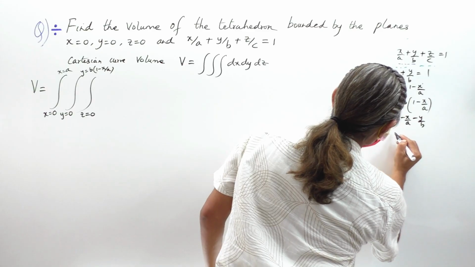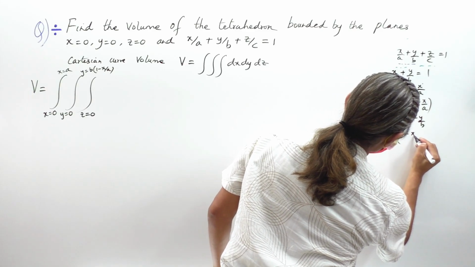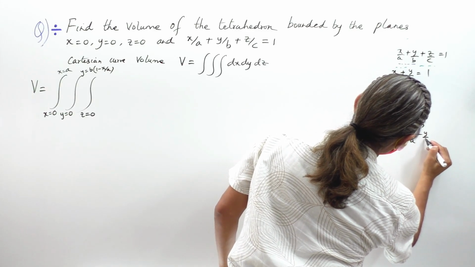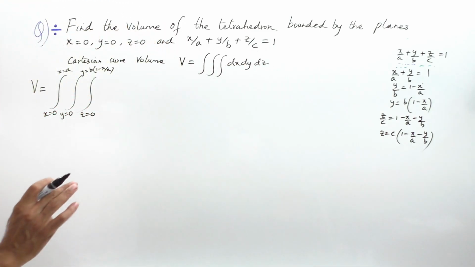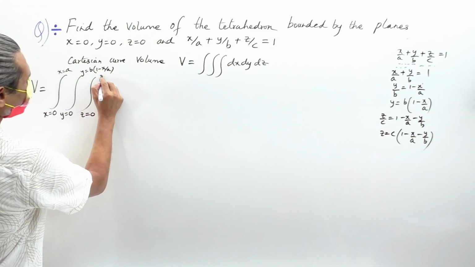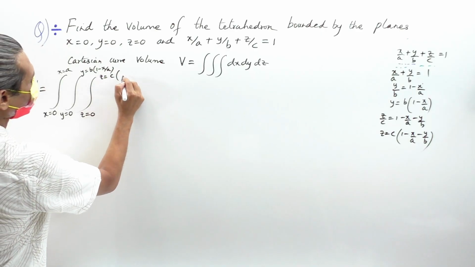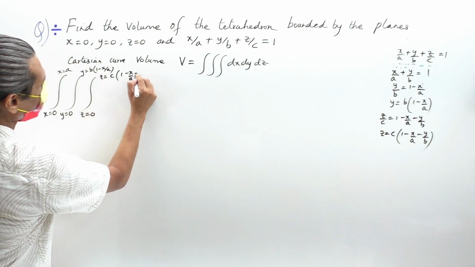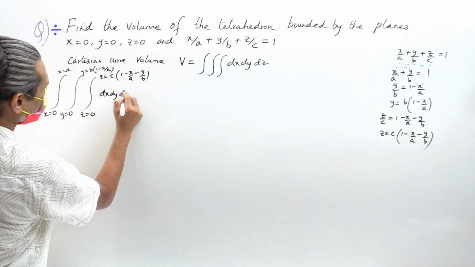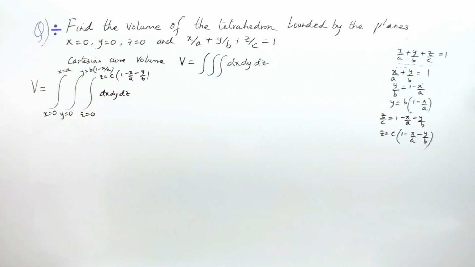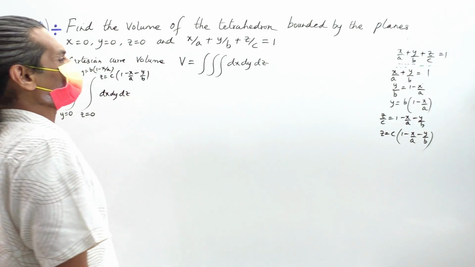So z will be equal to simply c into 1 minus x by a minus y by b. Okay. I hope you clearly understood how to find the limits here. So here I write z is equal to 0 to c into 1 minus x by a minus y by b, with dx, dy, dz. Done? So we have all the limits here.